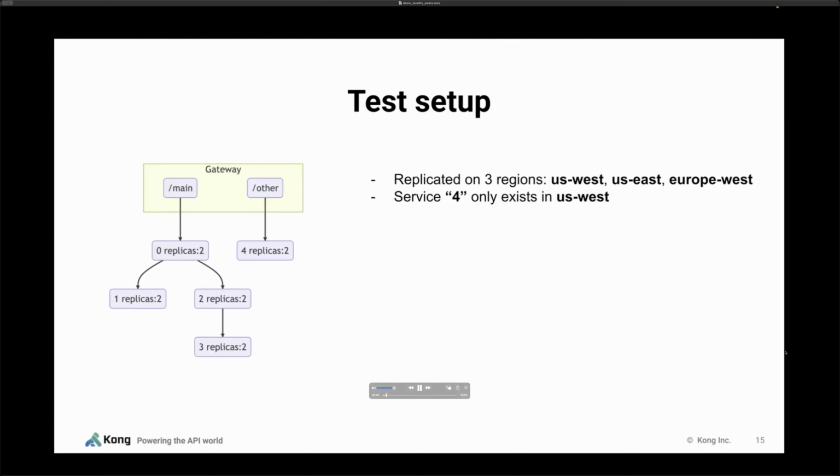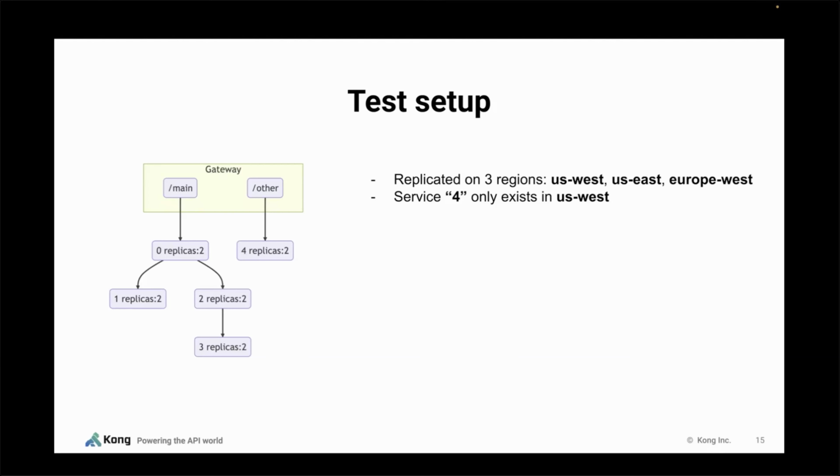The one detail is that service 4 will only exist in US West. Right? This is the only region that this service exists in. This happens quite often where you can have replicated services on a region basis, but you have one service that can't be replicated for some specific reasons.